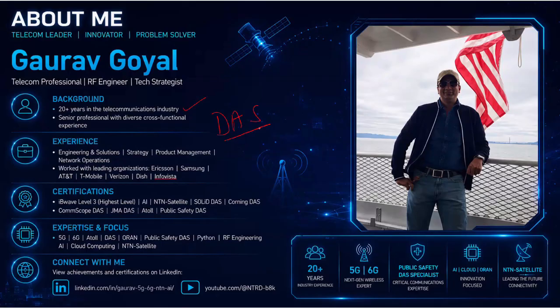I have been fortunate to work with leading US telecom operators such as AT&T, Verizon, T-Mobile, and Dish, as well as global companies like Nokia, Ericsson, Samsung, and Infovista. At Infovista, I contributed to the Planet RF planning tool, their RF design product called Planet. Before moving to the United States, I worked on telecom projects for various countries like India, Nigeria, Japan, Finland, and the UK.